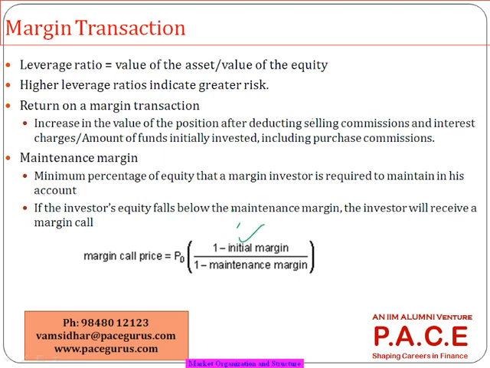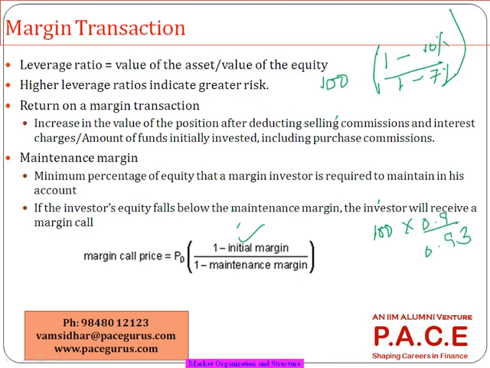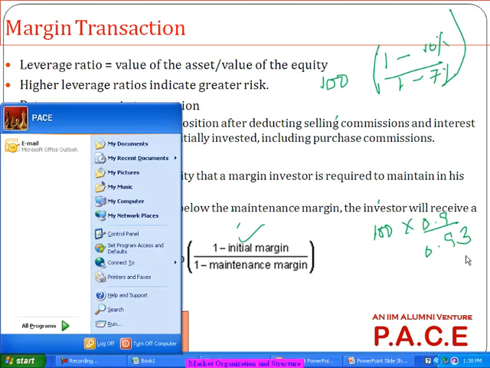P naught, which is the initial price, which is $100, into 1 minus initial margin, which is 10%, divided by 1 minus maintenance margin, which is 7%. So probably it will work out as 100 into 0.9 by 0.93, so 90 by 0.93.